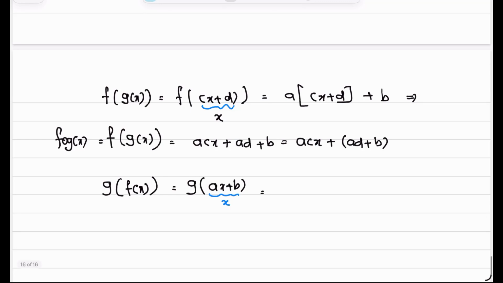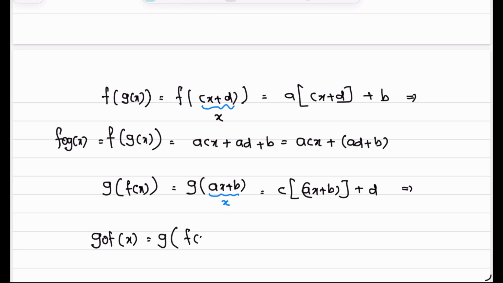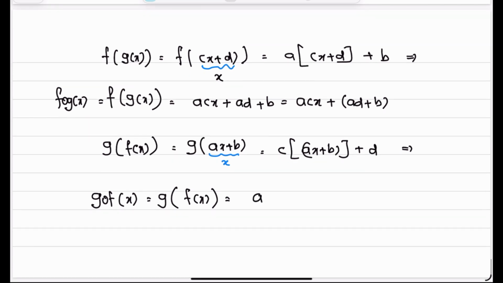That is c into ax plus b plus d. That implies gof x is equal to g of function x is equal to acx plus bc plus d.